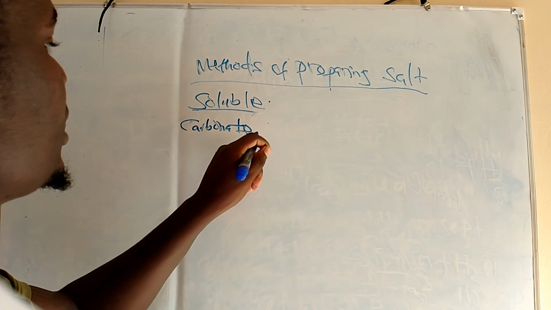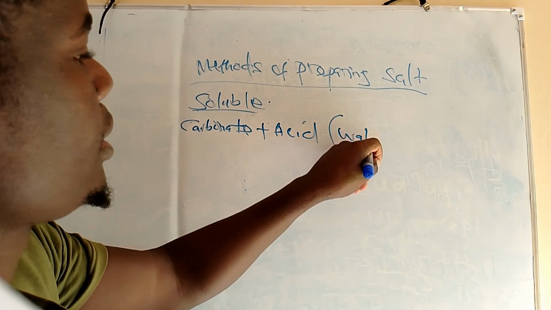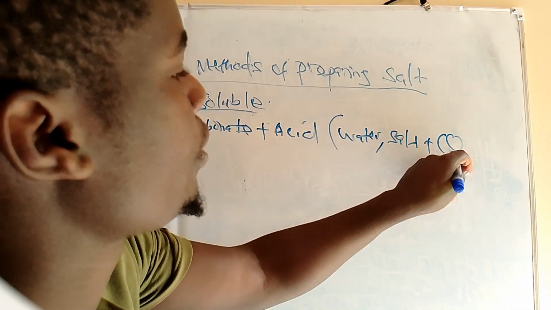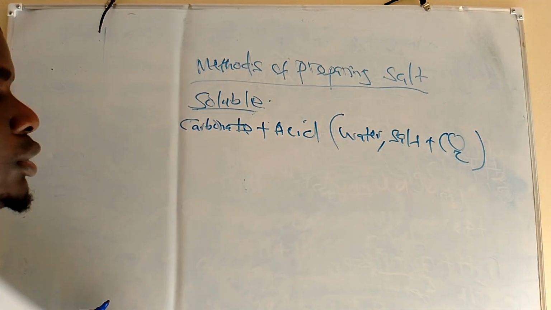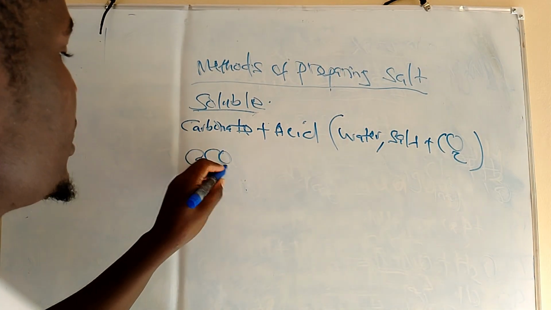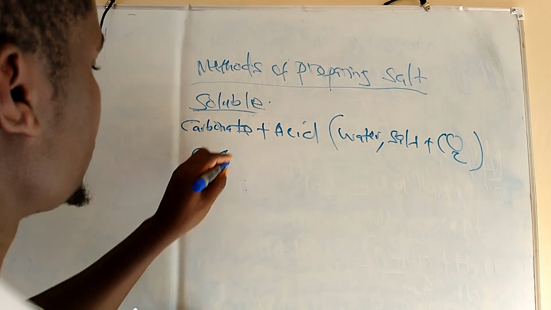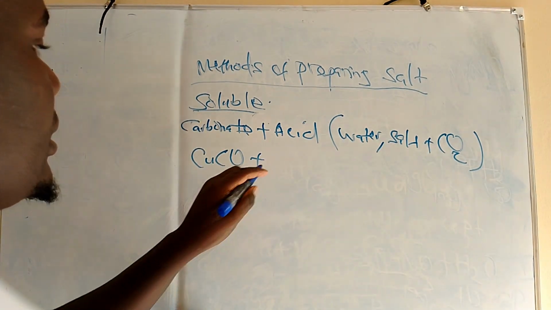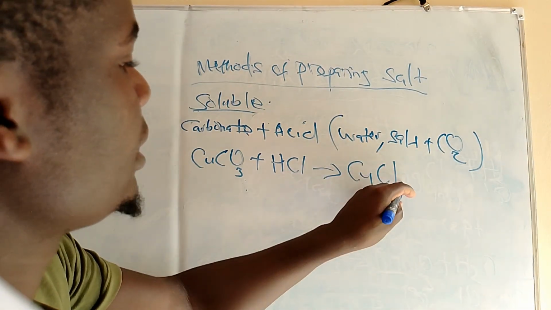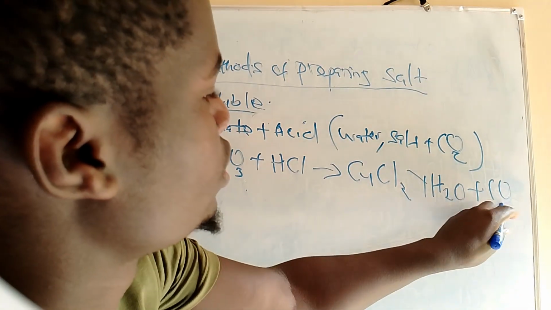Through a carbonate and an acid, where water, salt and carbon 4 oxide are being produced as the products. We can have copper 2 carbonate plus dilute HCl to give us copper 2 chloride plus water plus CO2.